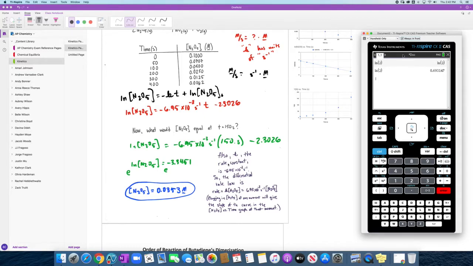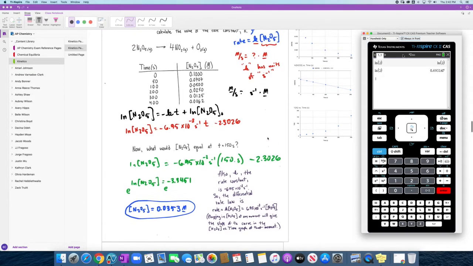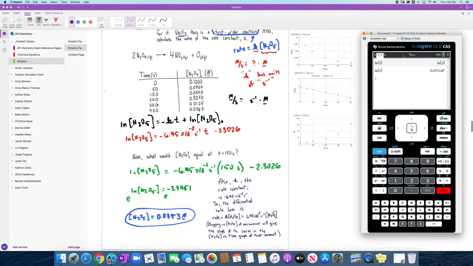The rate constant k, you could find from the slope of this line over here. It's negative 6.95 times 10 to the -3. So that's the rate constant. But I want to talk about the half-life of this particular reaction.